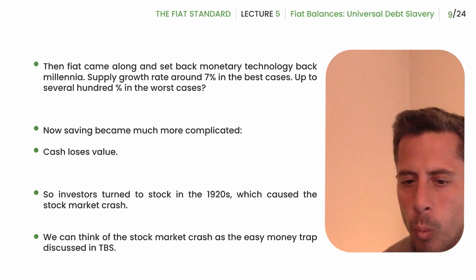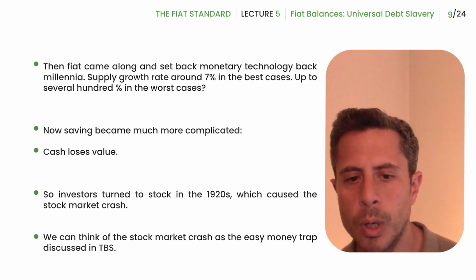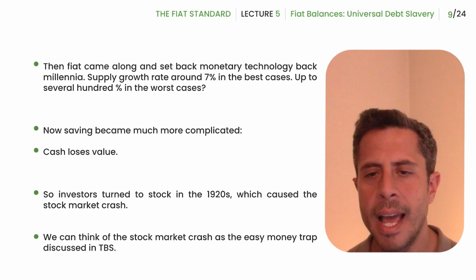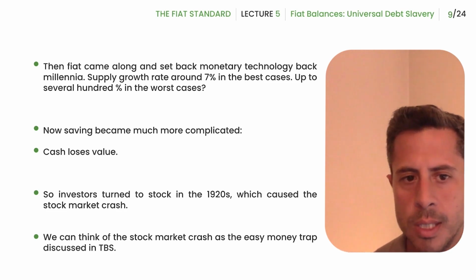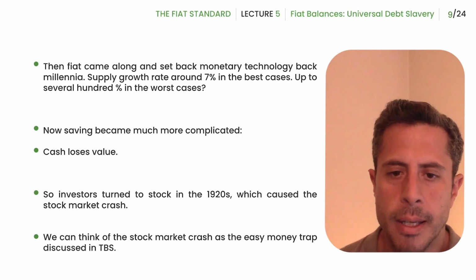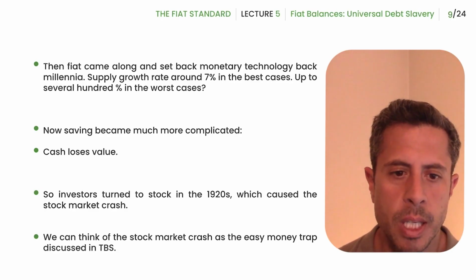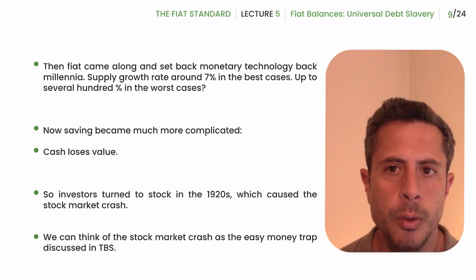So from 1.5% to about 15%, so almost a 10x in the supply growth rate. And so this basically set us back because it took away from us the ability to provide for the future.